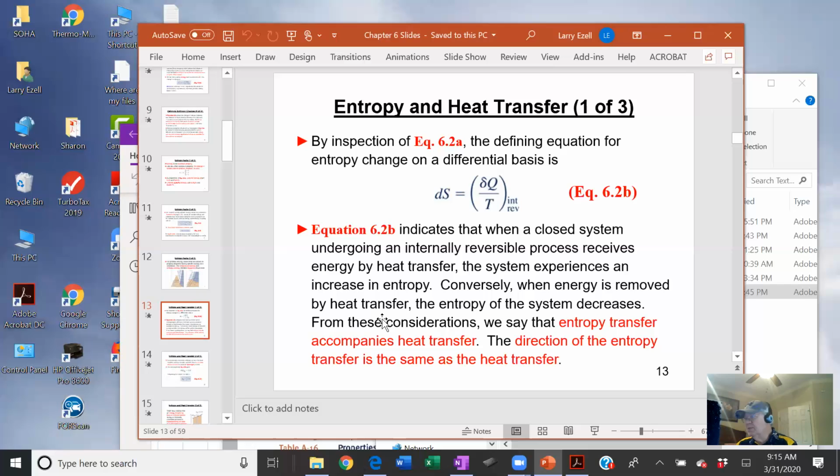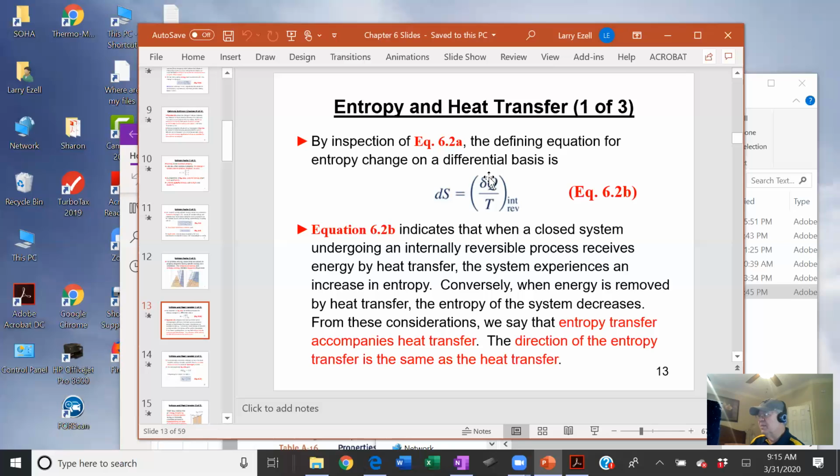So equation 6.2 indicates that when a closed system undergoing an internally reversible process receives heat, the system experiences an increase in entropy. Okay, well, here's what he means. When a system is receiving heat, that's positive heat, the way we define the polarity of heat: positive coming in, negative going out.